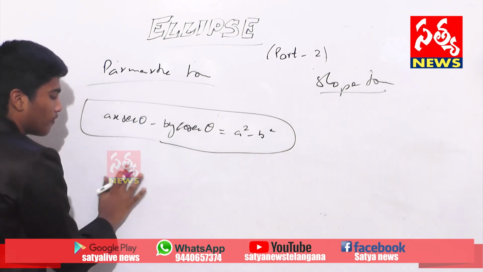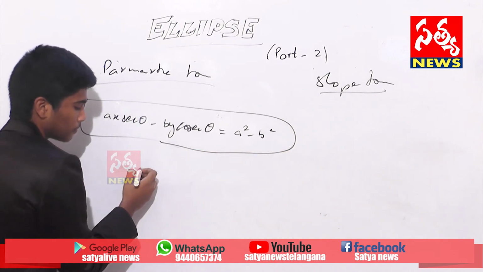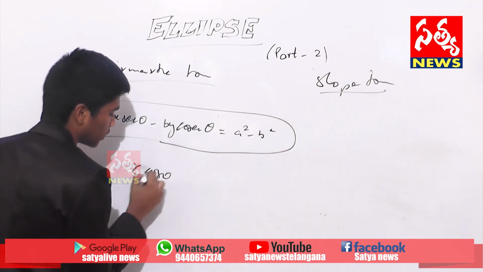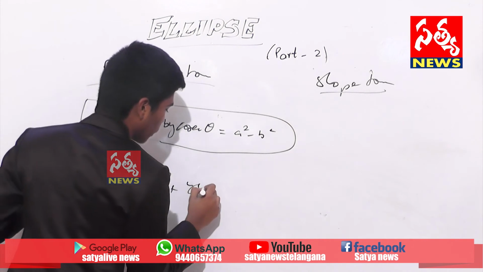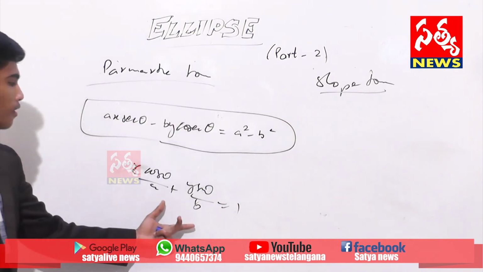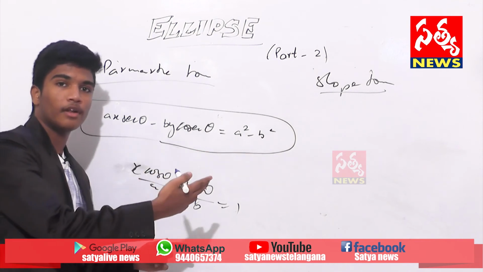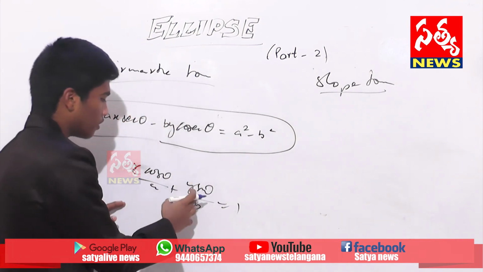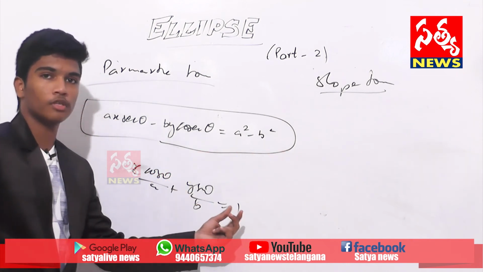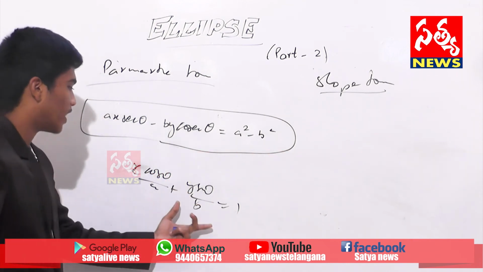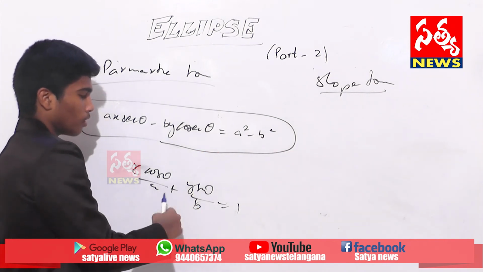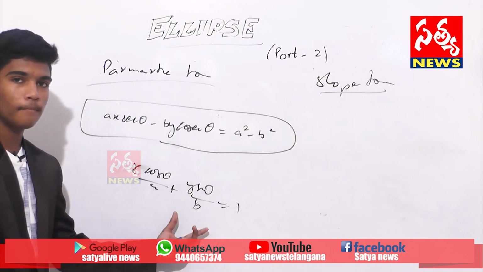What is the parametric form of tangent? It is x cos theta by a plus y sin theta by b is equal to 1, right? Similarly, what we have done for the point form, we found the slope of the tangent. Similarly, here also we should find the value of m of the tangent.